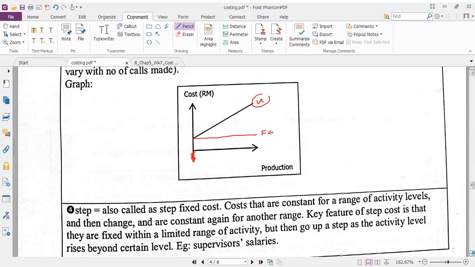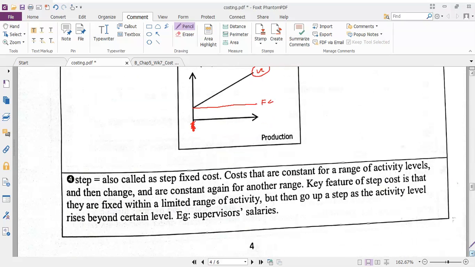Okay, next we go to step number 4. Okay, step number 4 dah. Pening saya, okay. Behavior number 4 is the step cost. Step cost? What is it, step cost? Okay, let's see. Also called as step fixed cost.